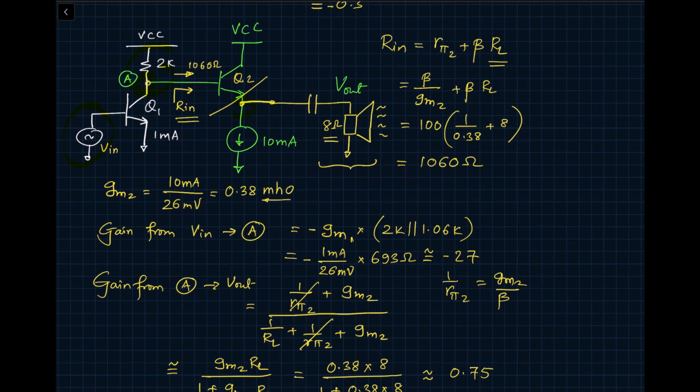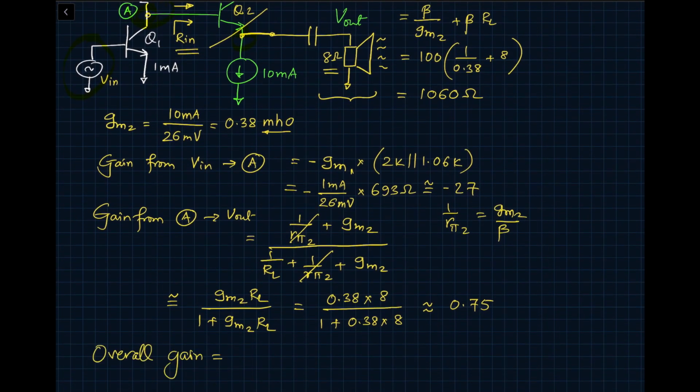So the overall gain will be 27 times 0.75, which is equal to 20.3. We are able to drive an 8 ohm low resistance load using an emitter follower and still get reasonable gain, a factor of 20. This is the advantage of using an emitter follower.